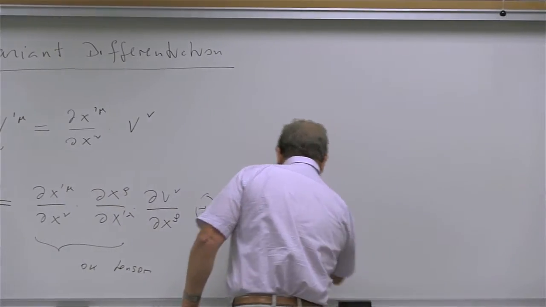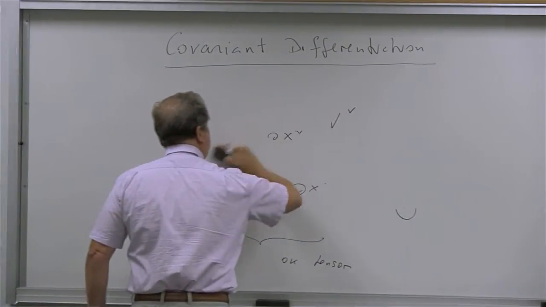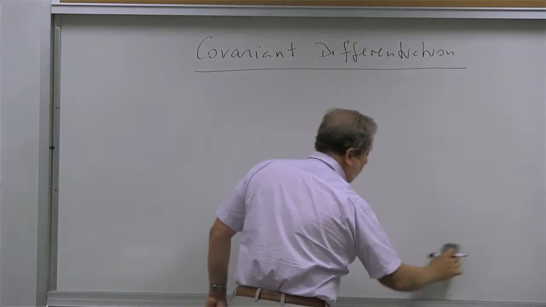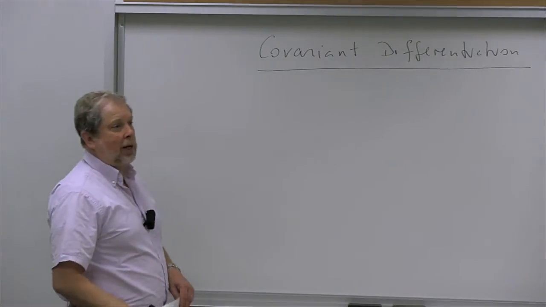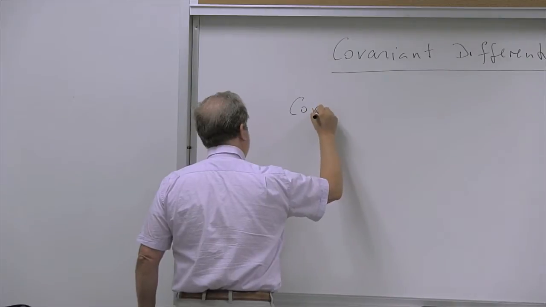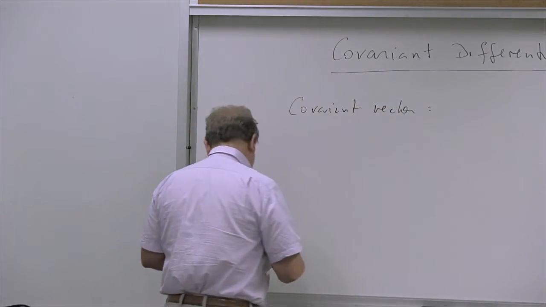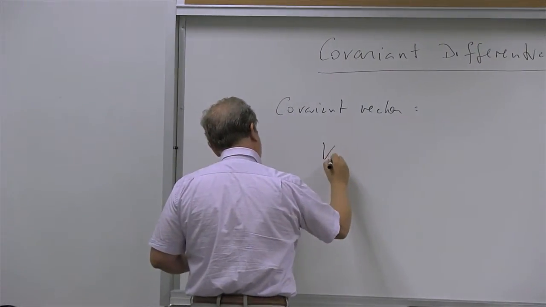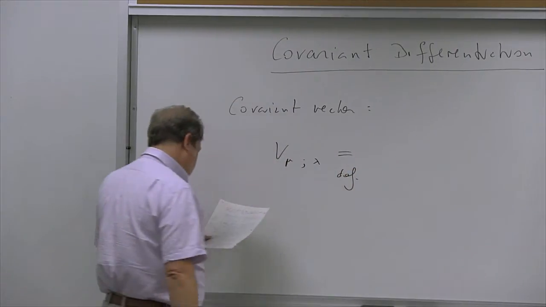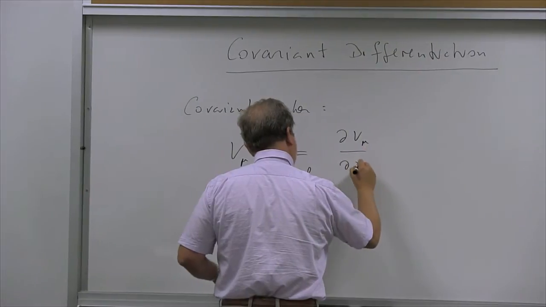So we can define this covariant derivative also for a vector that is covariant, right? And so now you go through the same exercise, and the piece you pick up when you do the transformation of the ordinary derivative has the opposite sign. So for a covariant vector, you define v mu semicolon lambda to be the ordinary derivative, so dv mu by dx lambda.